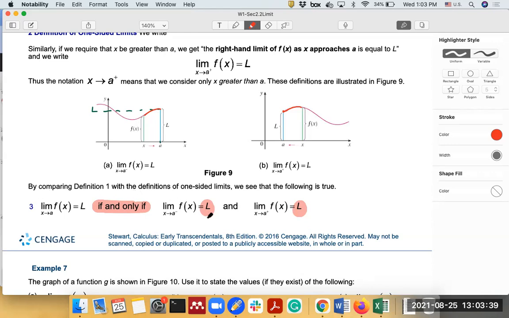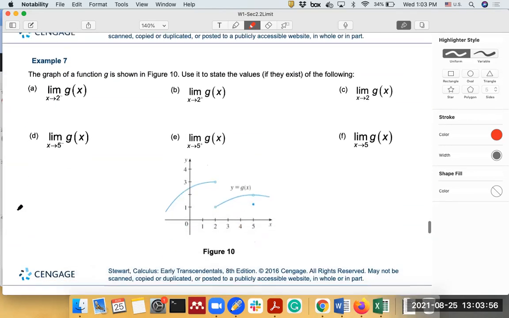So if the left-hand limit and the right-hand limit are different, then we cannot write it like this. Okay? Just accept that, it's just a definition.